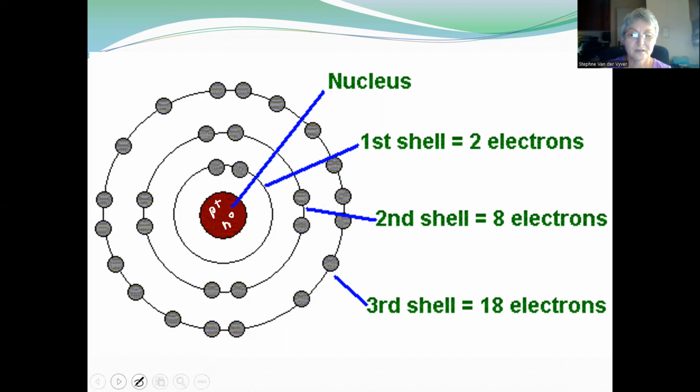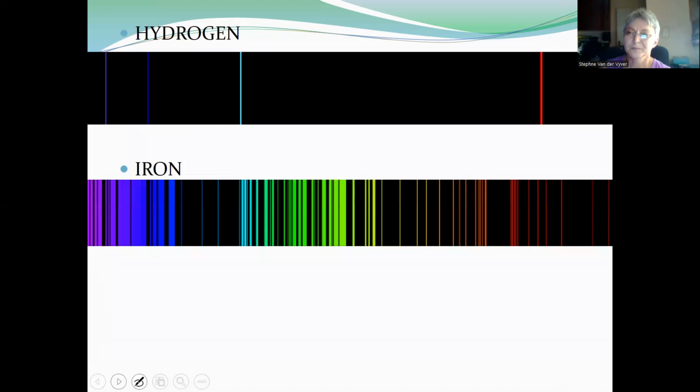Next slide, please. Now, these patterns of light we see here are called emission spectra. Bohr discovered that each element has its own emission spectrum. These spectra are formed when the electron falls from a higher energy state to a lower energy state, and then a frequency of light is emitted by the atom.